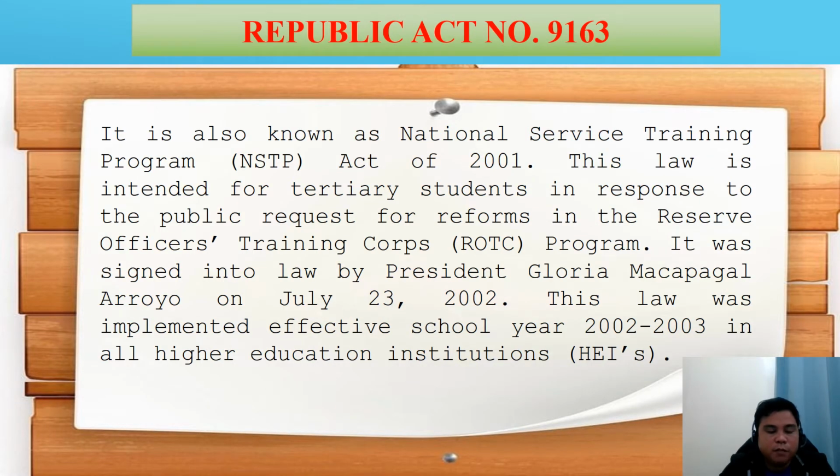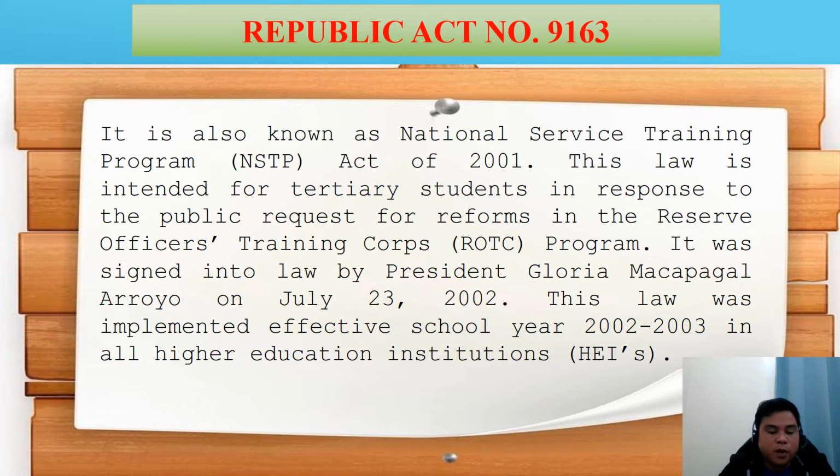Under the NSTP program, both male and female college students of any baccalaureate degree, course or technical vocational course in the public or private educational institutions are obliged to undergo one of the three program components for an academic period of 2 semesters.